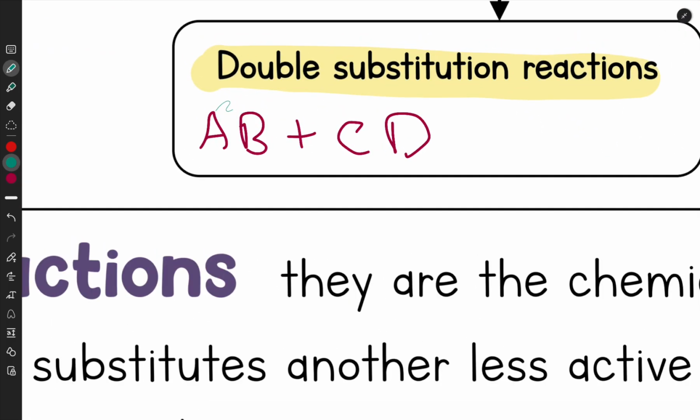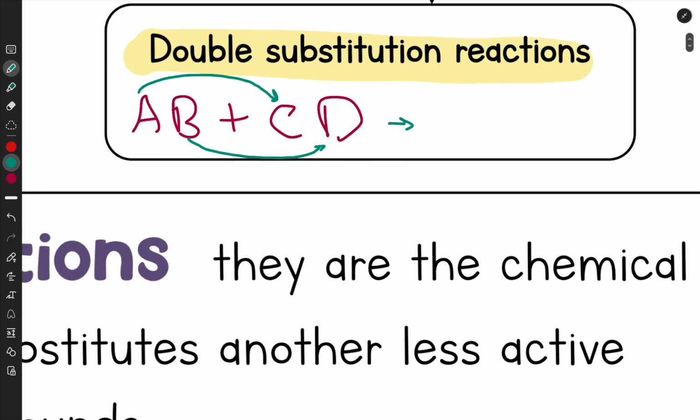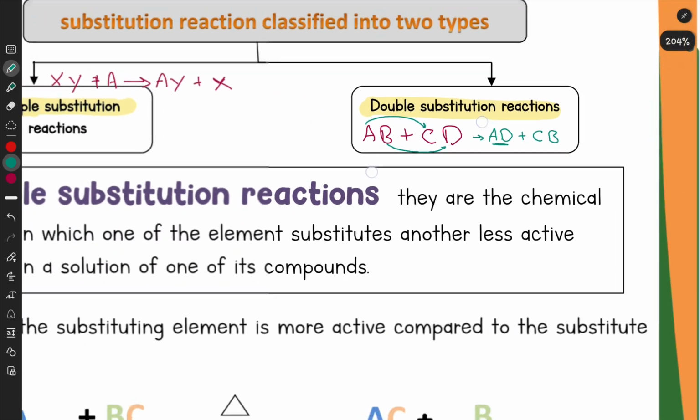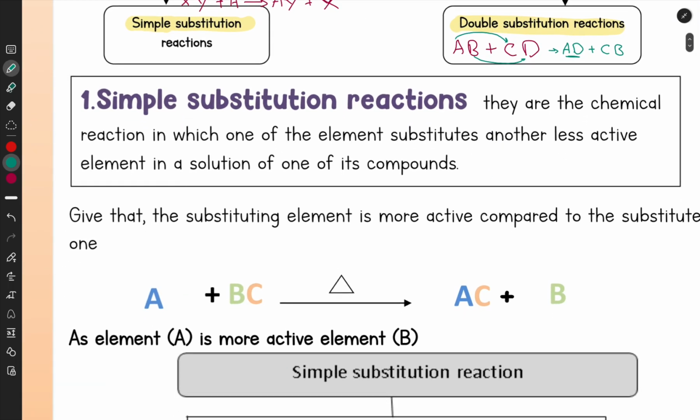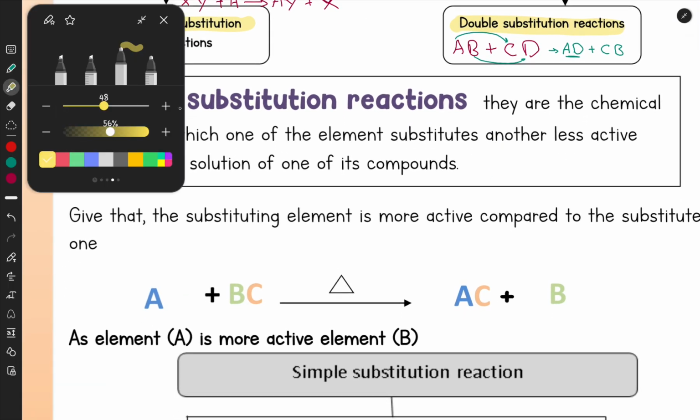The A will substitute the C and the B will substitute the D. So the result will be like this, AD plus CB. Okay, so this is double substitution. So these are the two types of substitution. First of all, simple substitution.